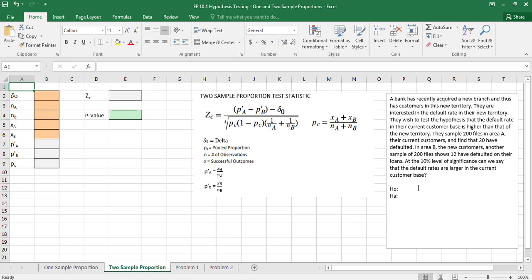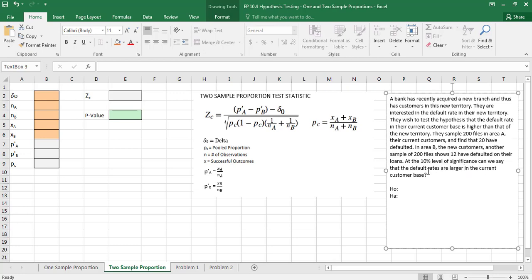Alright, the first step again is going to be to set up our null and alternative hypotheses. And we can look closely at the question here at the last statement. They say at the 10% level of significance, can we say that the default rates are larger in the current customer base?